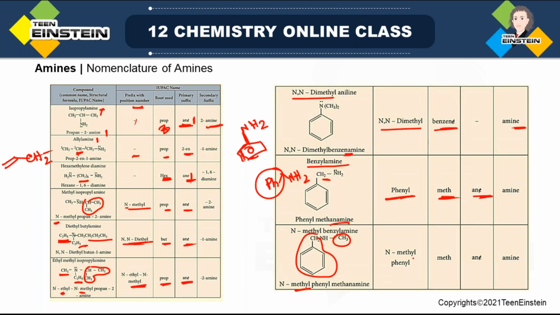So this also you can consider as methanamine because normally methanamine is CH3NH2, but now as if another H is replaced by CH2Ph. Sorry, I think there is some mistake. Just ignore the last one. Fine. N-methyl benzylamine, common name is fine, but IUPAC name, this is not correct. Okay. So just ignore that part.